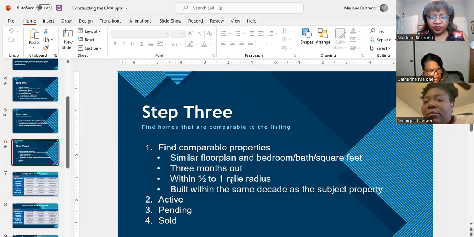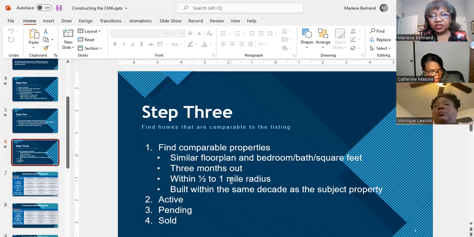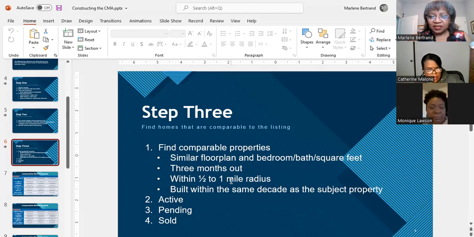Whether you're working with the buyer or the seller, the object is to find homes that are similar to what we call the subject property. I'll go through it and then give you some tips on what you can do in case you can't find these specific properties.